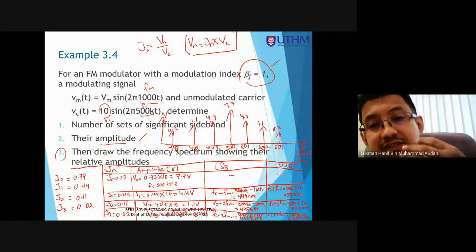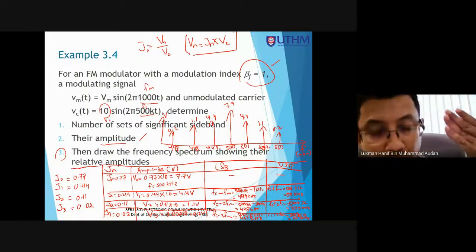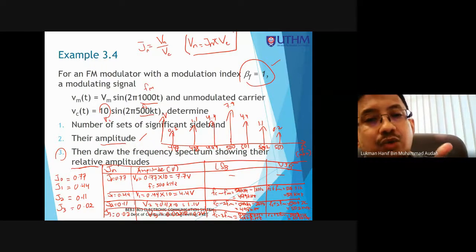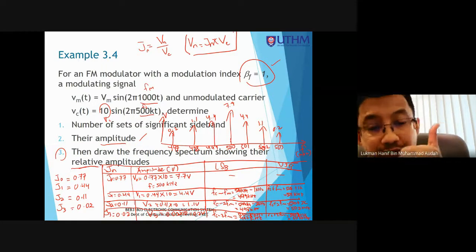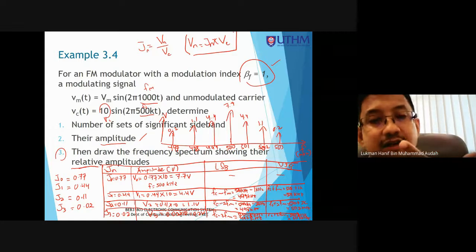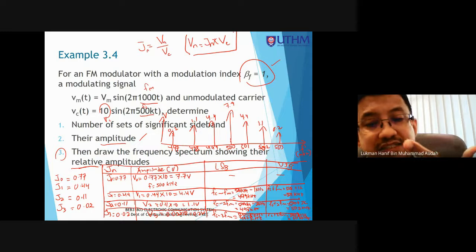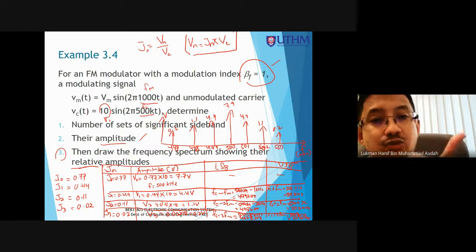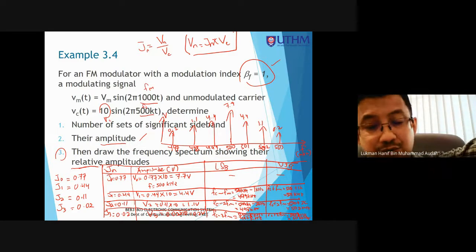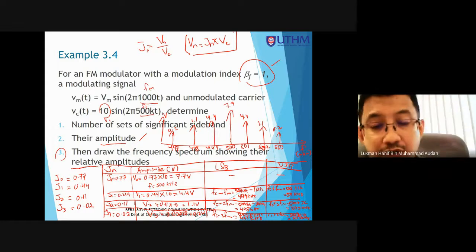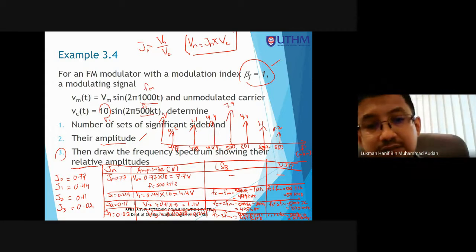Remember, macam saya nyatakan sebelum ni, apabila ditanya soalan drawing, first we need to know whether your drawing is correct or not. Second, labeling. Adakah you label dengan betul? Label di sini adalah ada dua. Satu, paksi. Yang kedua adalah nilainya, iaitu frekuensi dan juga dia punya amplitude. So if you draw like this, full marks.